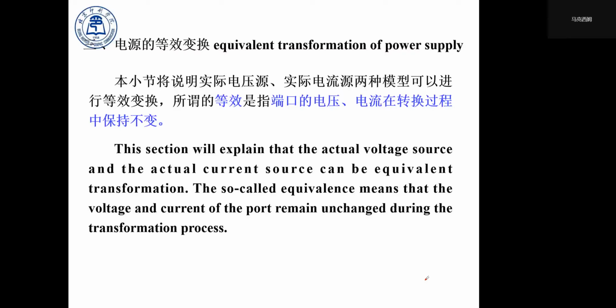Just like what we did in the delta and Y network transformation, equivalent only means the terminal current and the terminal voltage. What happens inside is not what we care about. So this is that.